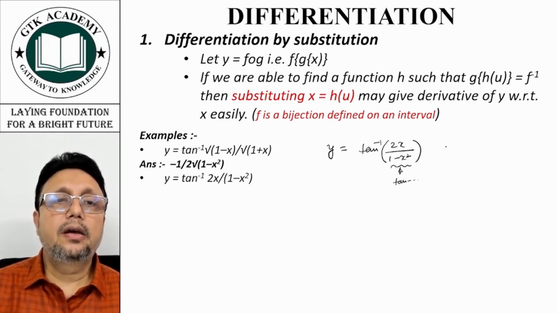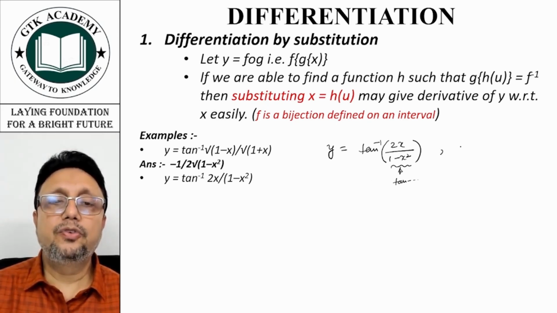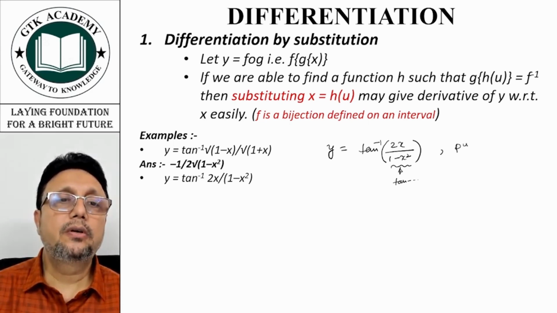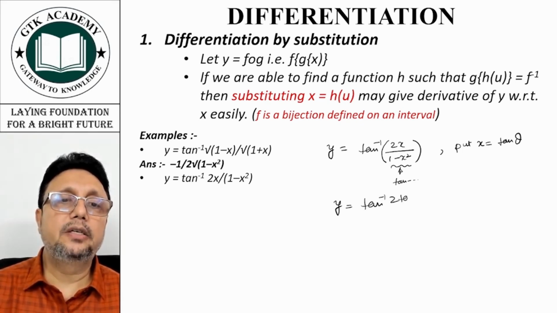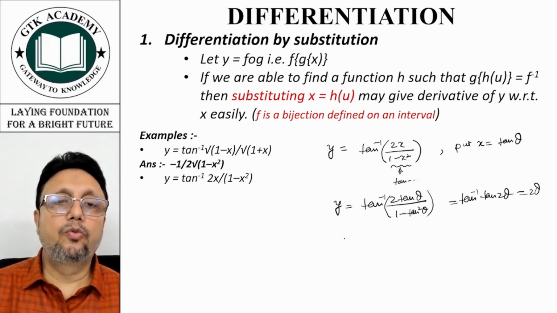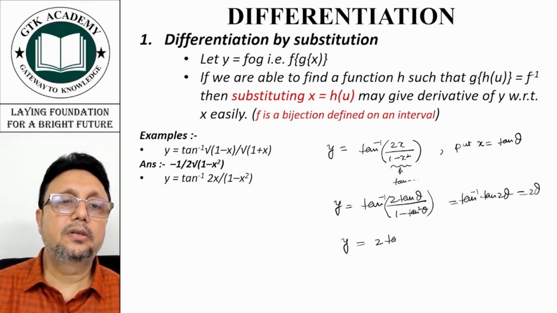Now here, if you just recall the formula which we had mentioned in the previous slide, put x is equal to tan theta, then y is equal to tan inverse 2 tan theta upon 1 minus tan square theta, which is equal to tan inverse tan 2 theta, which is 2 theta. So y is equal to 2 theta, which is 2 tan inverse x.